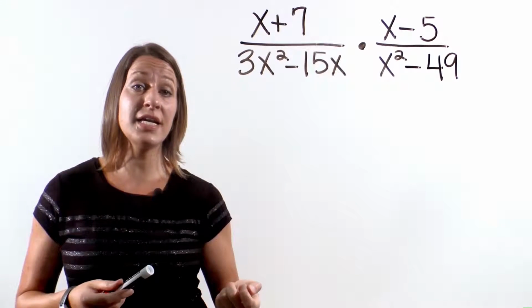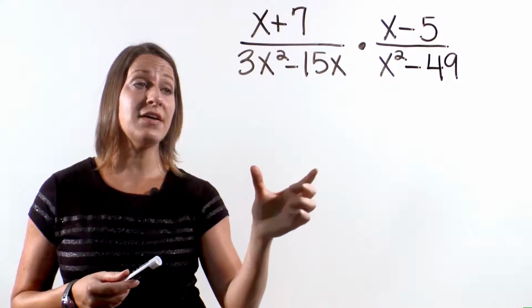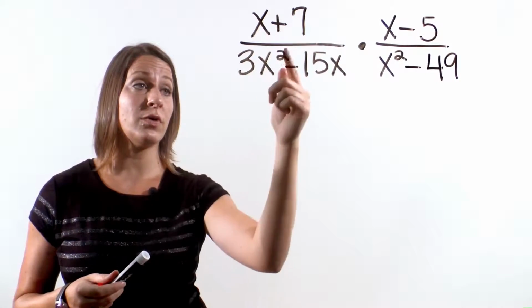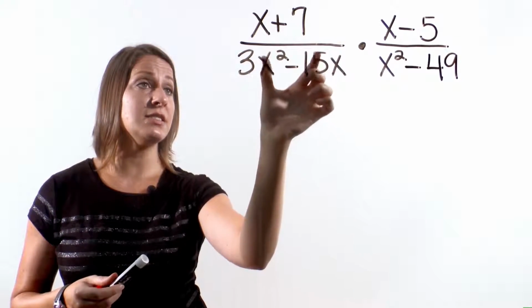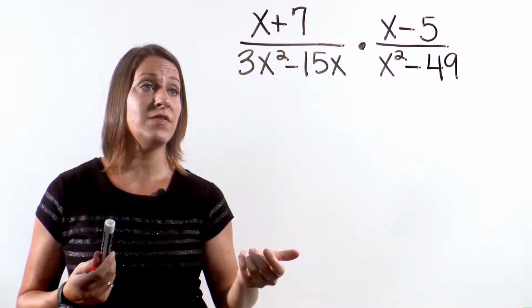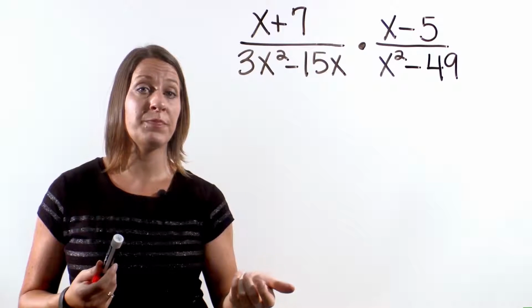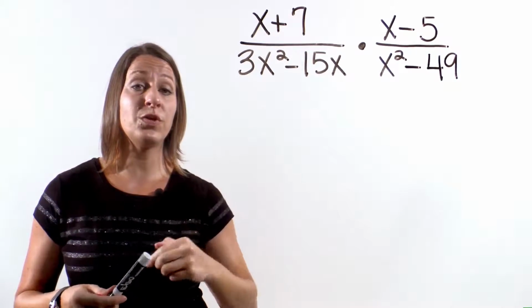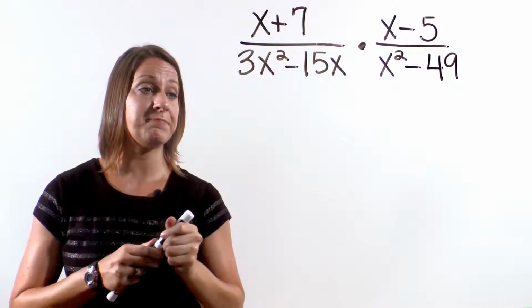We can only cancel a binomial if the exact binomial is on the top or on the bottom. In this situation, if you quickly look, all of them appear to be very different, unique binomials. So what we need to do first is go to each of them and rewrite them by factoring them.